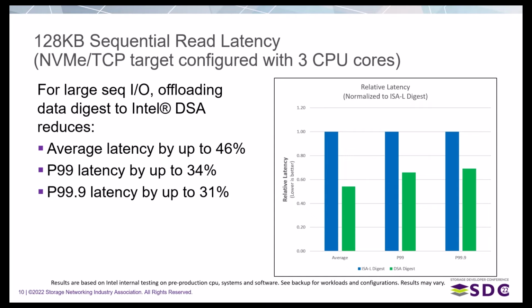But this was a pretty similar pattern that we saw, that whenever the target was running and the workload was CPU bound, we saw a reduction in average latency of up to 46%, a P99 latency reduction of up to 34%, and a P99.99 latency reduction of up to 31% when we use DSA to calculate the digest versus ISA-L calculating the digest on the same CPU cores that are being used by the target application.